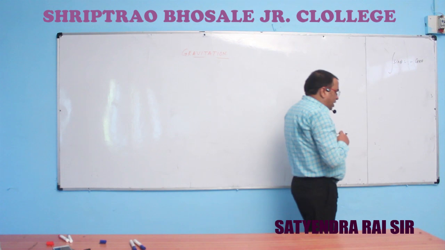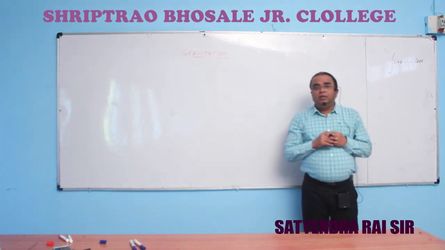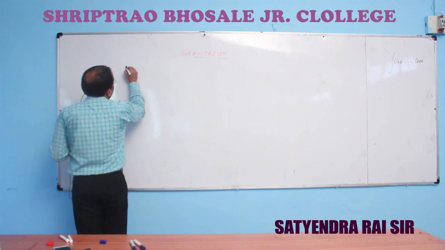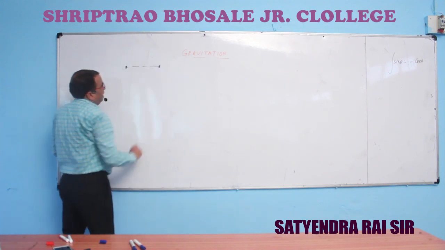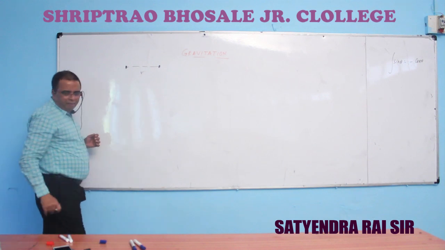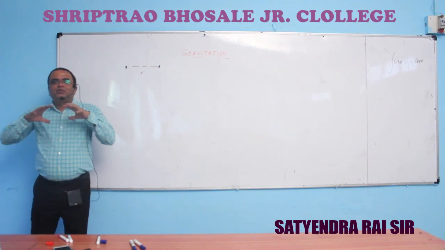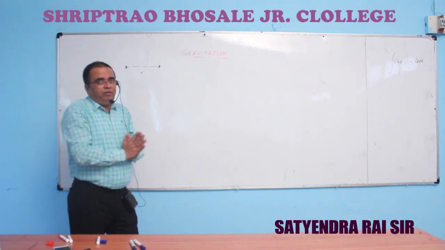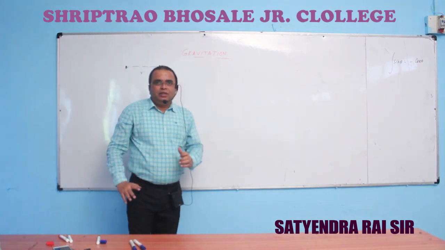But in the beginning, we mentioned that this force is for the interaction between 2 point masses separated by distance r. That means these forces are effective even from a distance.